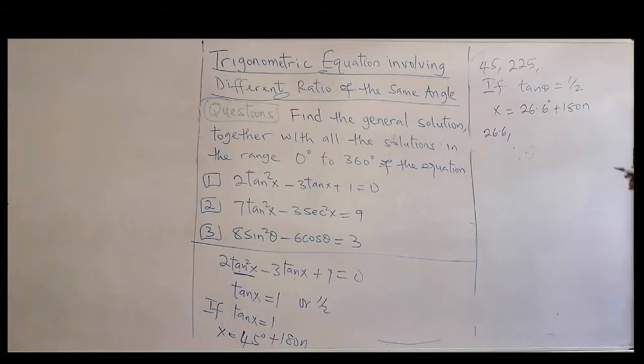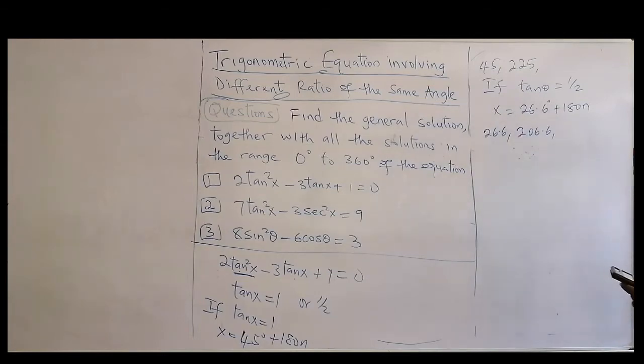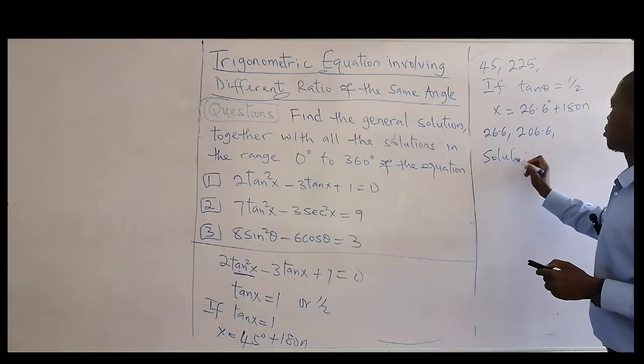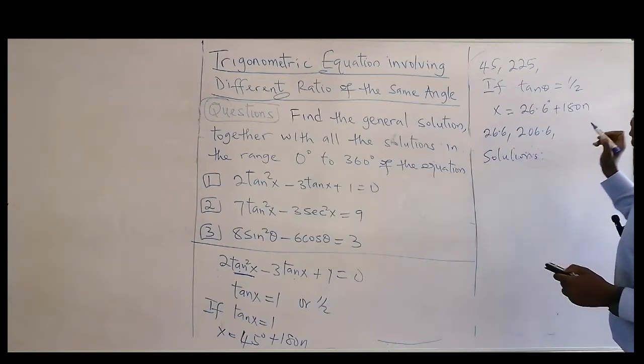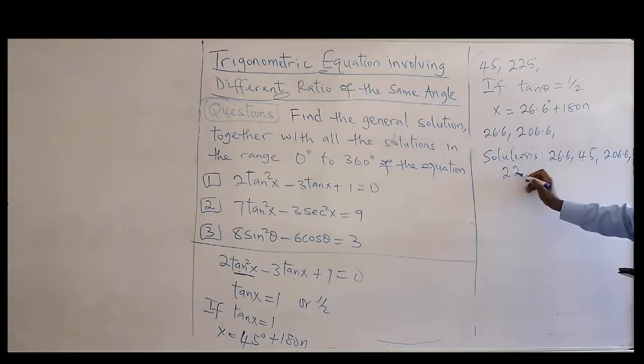When n is 1, that will be 206.6. N is 2 will be outside the range. So the solutions, in ascending order, are 26.6, followed by 45, followed by 206.6, and 225. These are the solutions for this equation.